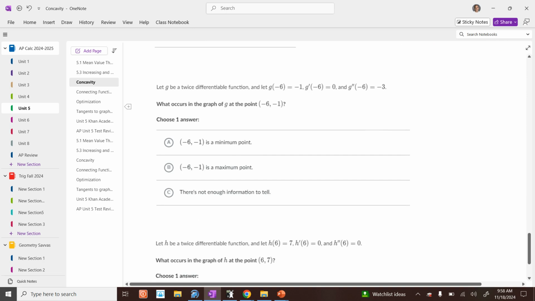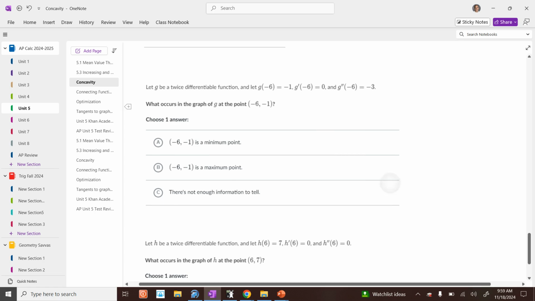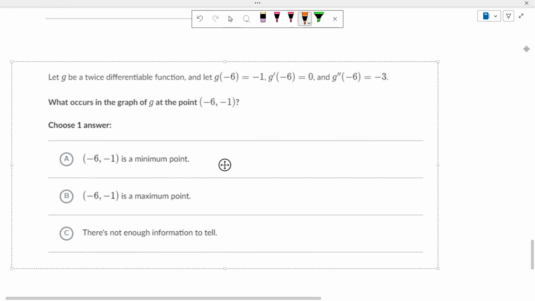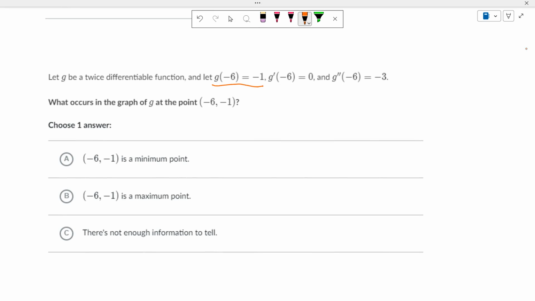Okay. This is where it gets a little trickier. So if you're not paying attention now, pay attention to this. The number, this says the point 6, negative 1 is what we're looking at. That's the point. This says the slope. The slope is 0. What happens when the first derivative is equal to 0?